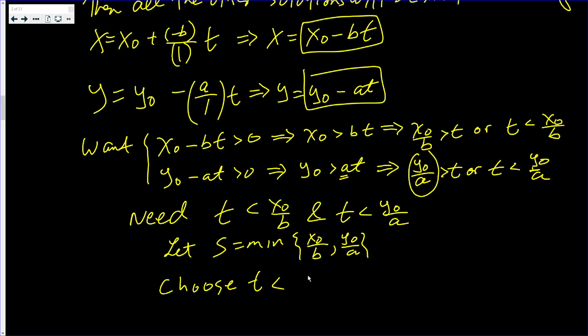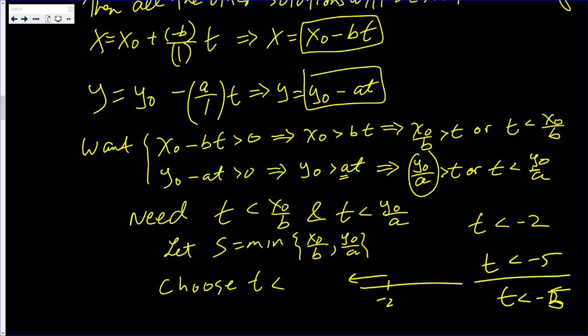If they're both negative, if t is less than -2 and t is less than -5, you want to choose a t that's less than -5. Only then are you less than -2 and less than -5.